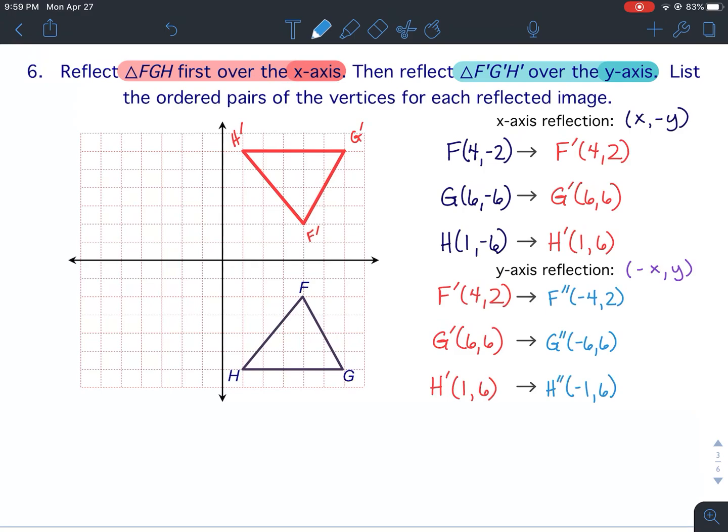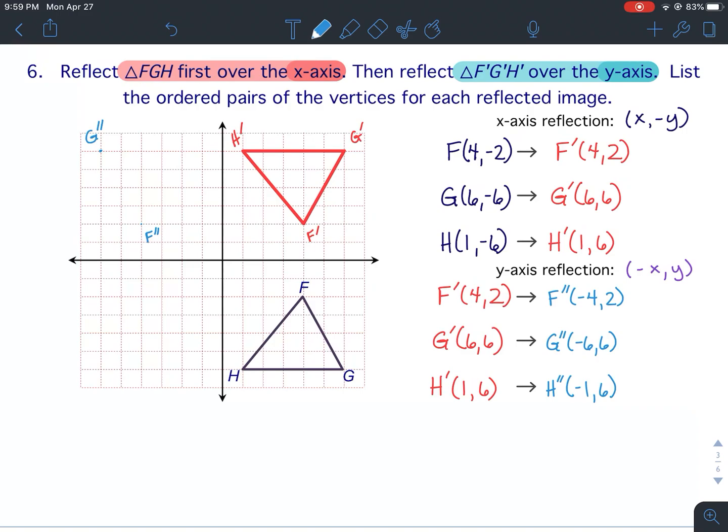Okay, now we're going to graph this. Negative 4, 2 would be to the left 4, up 2. That is F double prime. G double prime is negative 6, 6, to the left 6 and up 6. That is G double prime.